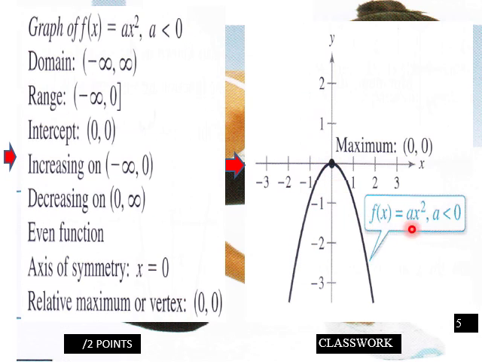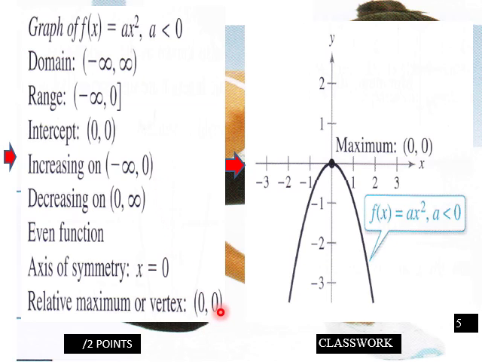So in this situation here, a is less than 0, so it points down. So here are the stats for this parabola. Domain is negative infinity, positive infinity. Range goes from negative infinity to 0. The intercept is 0, 0.